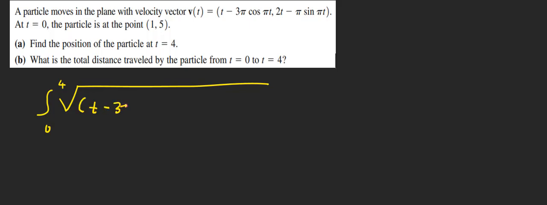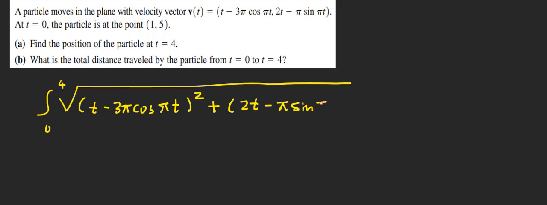Now, what is the total distance traveled by the particle from t equals 0 to t equals 4? Well, the total distance is going to be the integral from 0 to 4 of the square root of quantity t minus 3 pi cosine of pi t, squared, plus quantity 2t minus pi sine of pi t, squared, and make sure you put dt outside.